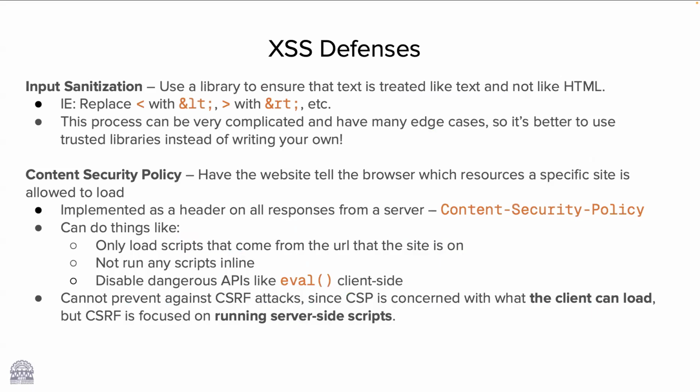So what are the defenses? Well, the main thing I talked about was sanitization: you make sure text is treated like text in HTML. How do you do this? You replace every specific symbol that HTML sees with another character, like &lt; or &gt;, which just says this has to look like a chevron, but it's not an actual chevron, so it's not going to execute as a script.